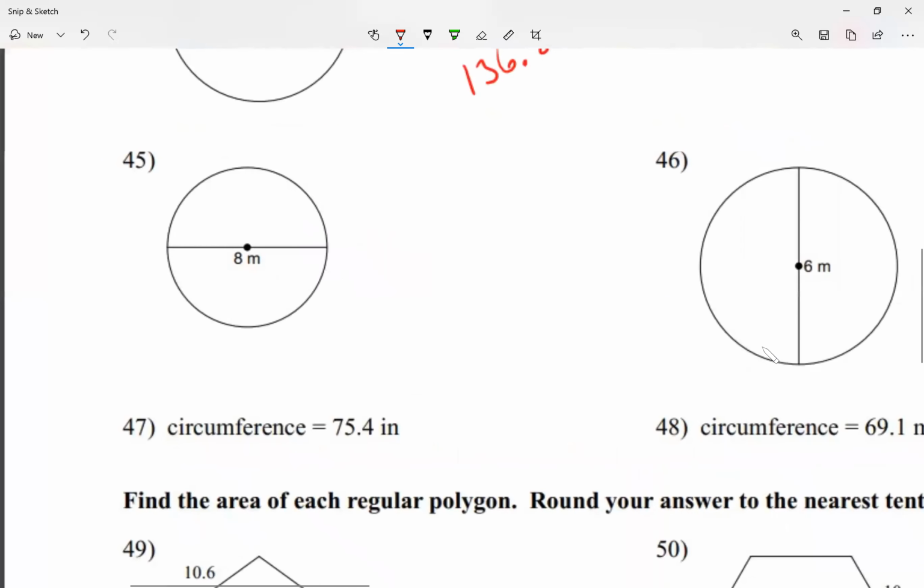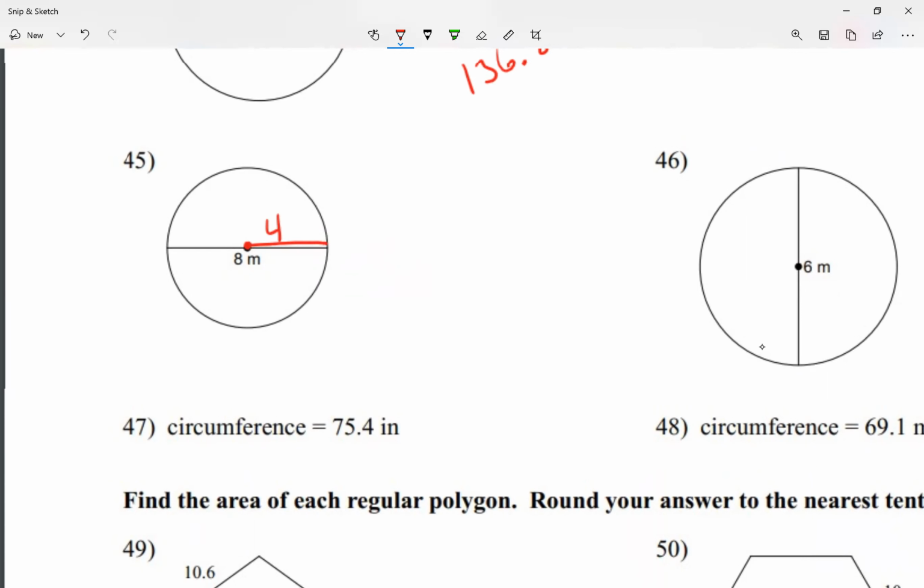Now, question number 45. 8 is not the radius, right? Notice how it's crossing the whole circle. That's what we call diameter. I only need the radius. The radius is from the center to the edge, not the whole circle. It doesn't need to go from one side of the circle to the other side. So I'm going to say my radius in this case, it's 4, right?